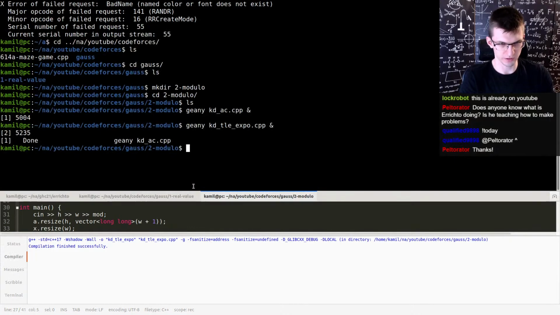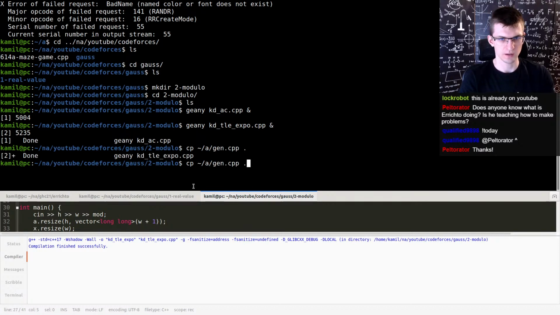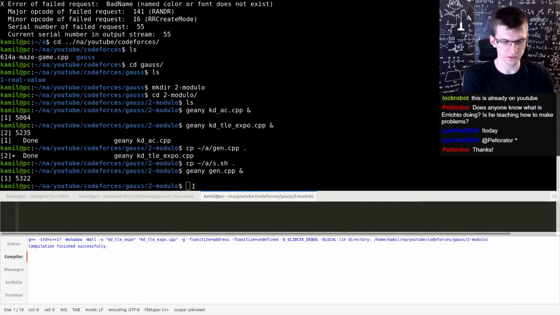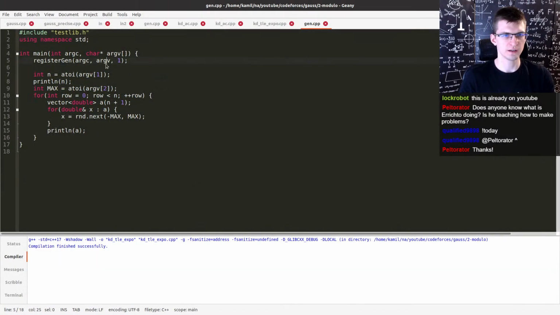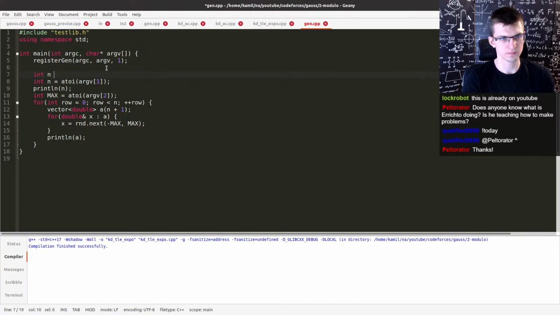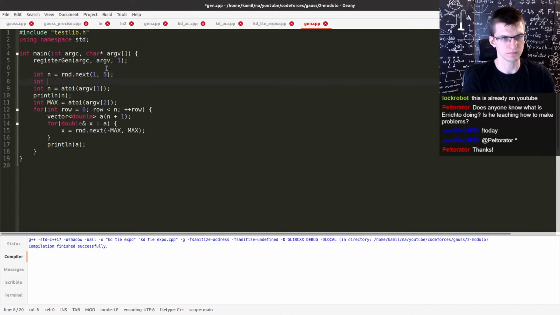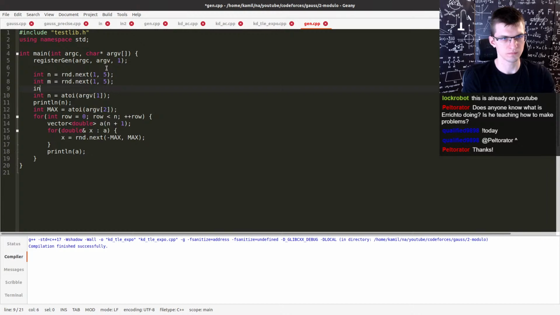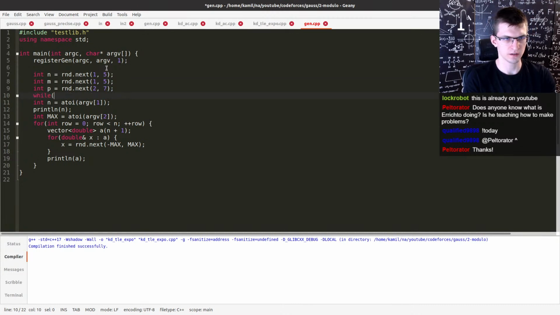And what do I need now? I need a generator and some script. This generator uses test_lib already. I prefer to keep p small to make my solution fast, but it needs to be prime.